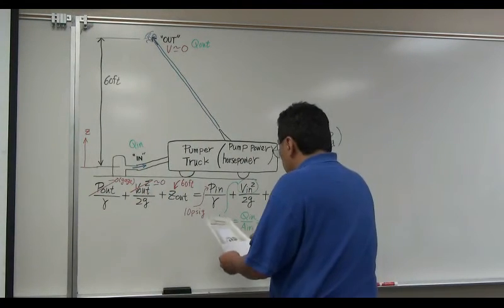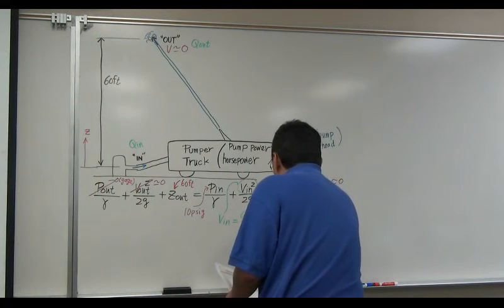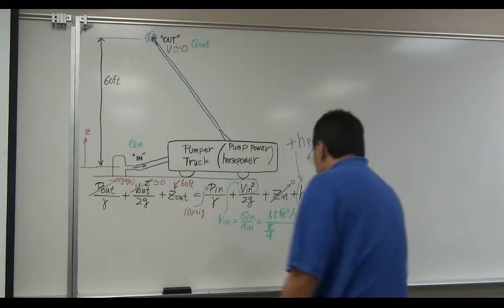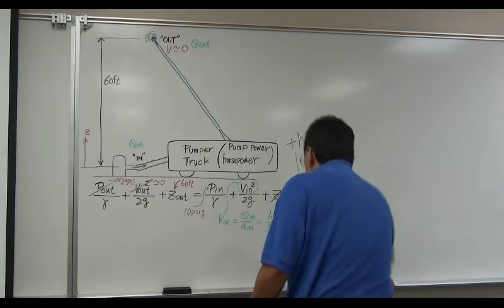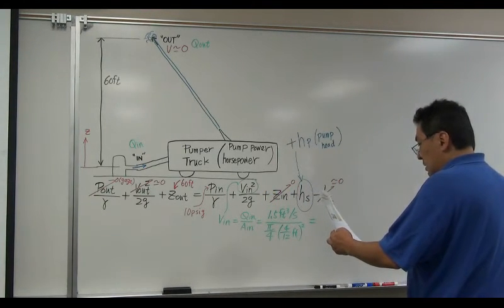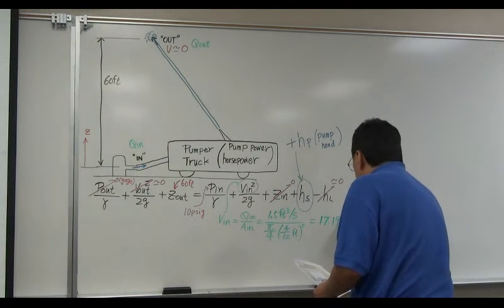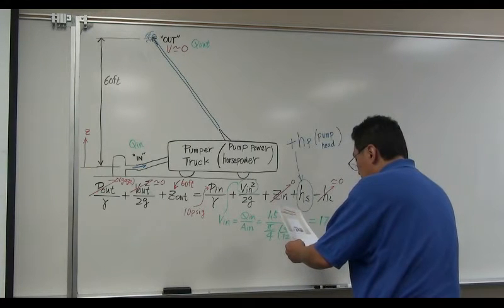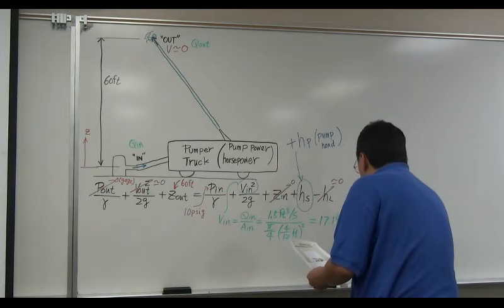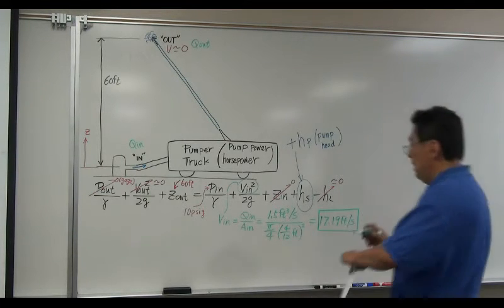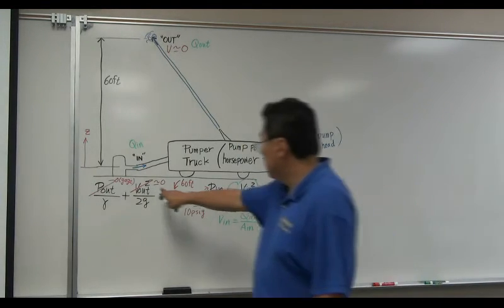But anyway, Q in is given, 1.5 cubic feet per second, divided by pi over 4 times the diameter, 4 inch, so 4 over 12 feet, squared. So that is 17.19 feet per second. Actually, no, it's feet per second, velocity. This is the velocity. Okay? So that's V in. V out is approximately zero.